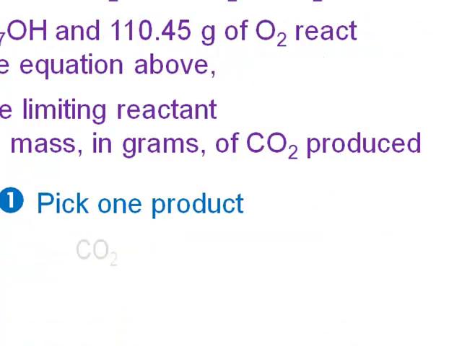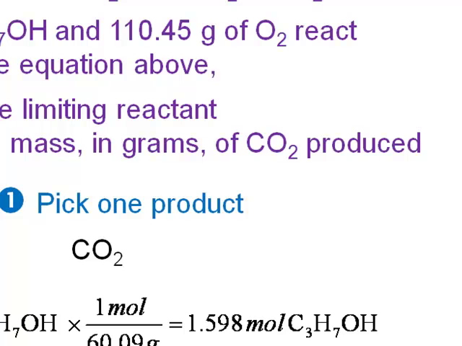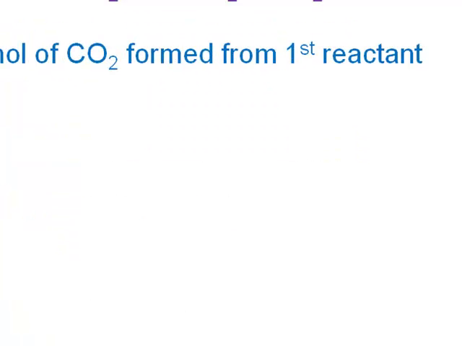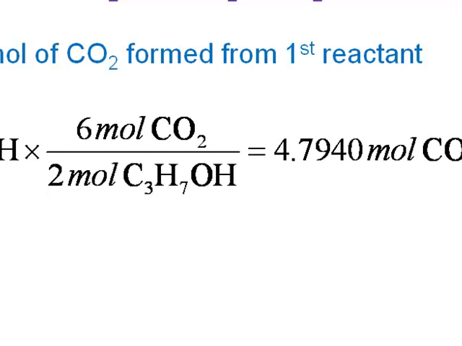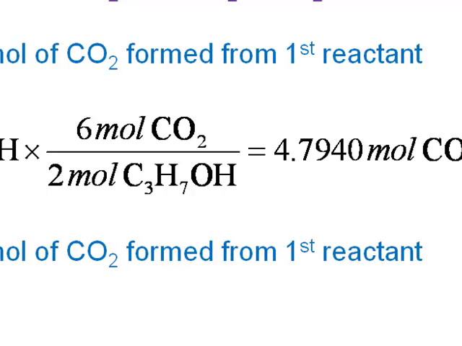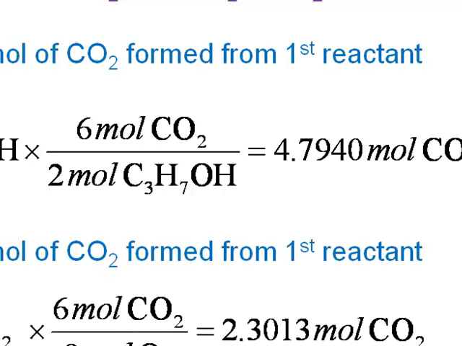So how would this look? You pick one product, CO2. Find out the moles of each. Same numbers as before, obviously. 3.452 here, 1.598 here. Take both of them. First one, you get 4.79. And then this should be the second reactant, because it's oxygen.